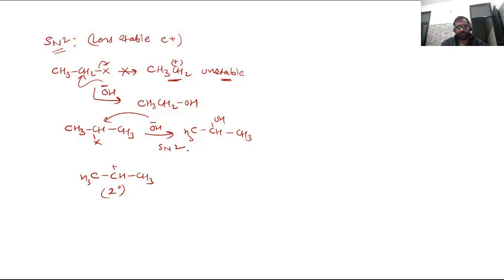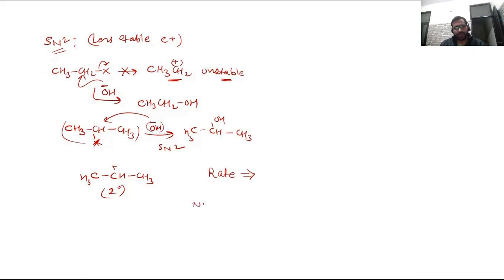Now, like the SN1 mechanism, let's see the rate of reaction for the SN2 mechanism. What will be the rate of this reaction? There is only one step, the attack of the nucleophile and the breaking of the C-X bond. So the rate of the reaction will depend on the concentration of this compound and also the concentration of the nucleophile.